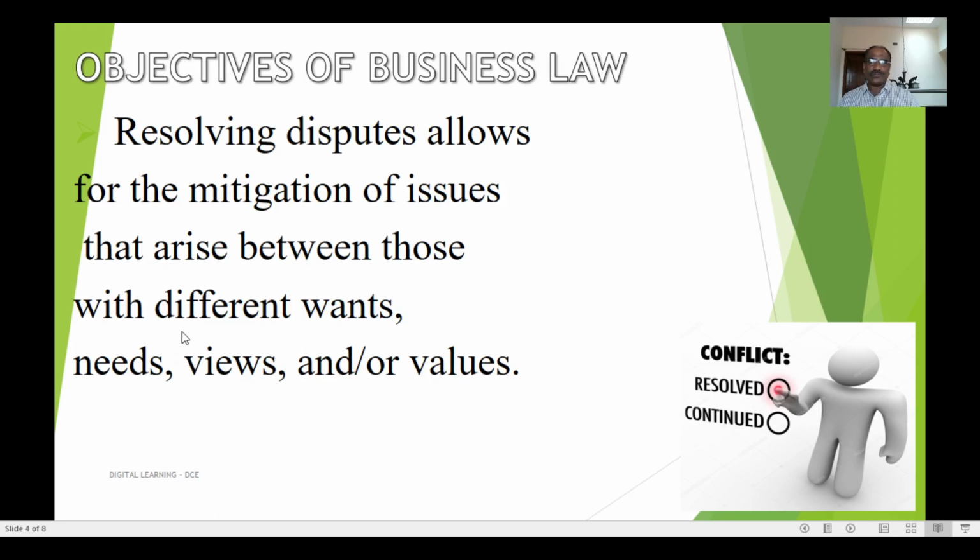Customers' wants, needs, views, and values differ from person to person, and with an expectation of all these, they purchase some goods.